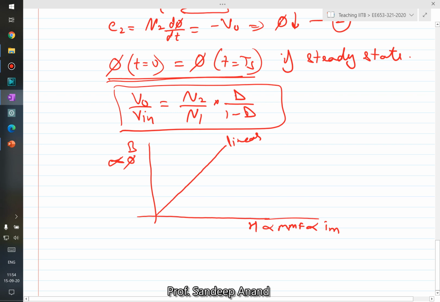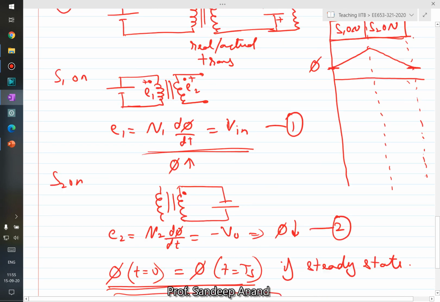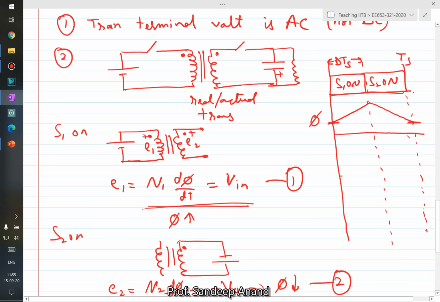So if you assume B and IM to be linear, which essentially means mu is constant, then you can write IM as some constant multiplied by flux. If you use that, which is essentially true if you are considering a linear BH curve, then in the same graph I can draw the current waveform.